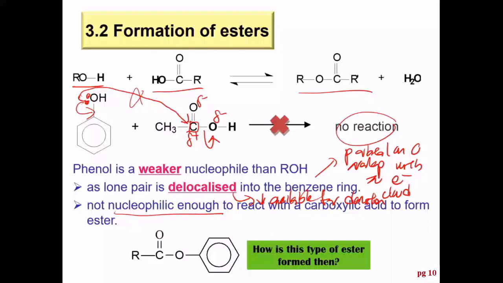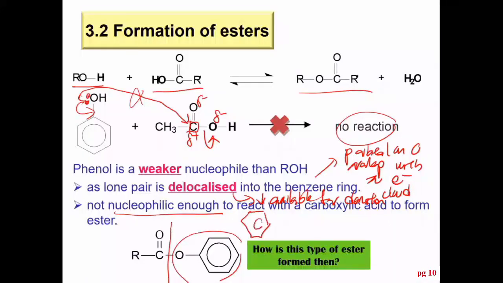Now, phenol is not a good nucleophile, but how come I can still form this type of ester? Because if you look at this ester here, this part here involves a phenol. Therefore, I can still use phenol to form ester. But to form this ester, I cannot use a carboxylic acid because there's no reaction.